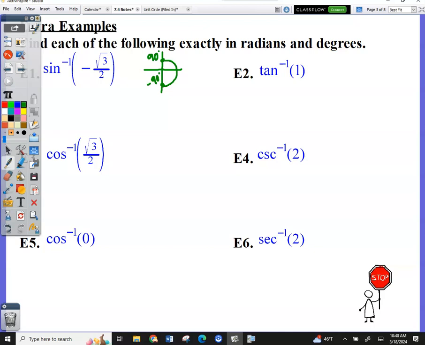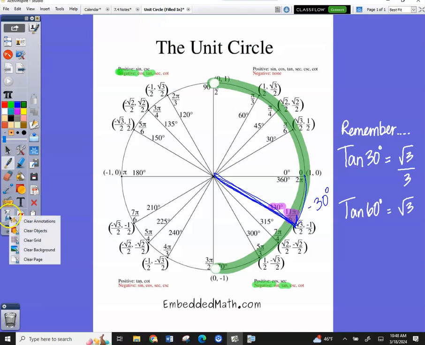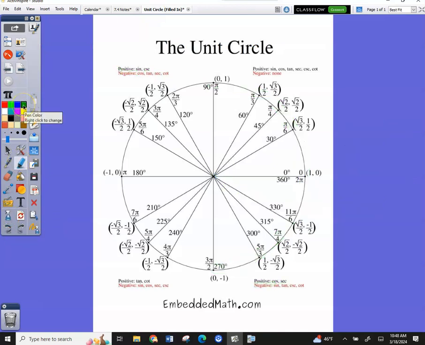Since it's negative, that's telling you to go to which one? Go to quadrant 4. We're looking for negative root 3 over 2. So here's our area of where we can pull an answer. So it's 300.